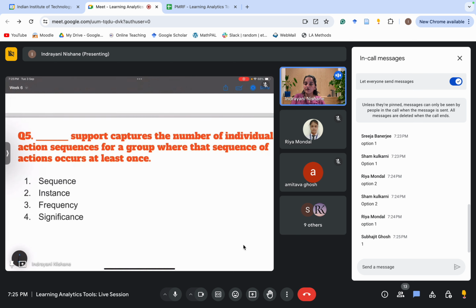So question number 5, --support captures the number of individual action sequences for a group where that sequence of action occurs at least once.